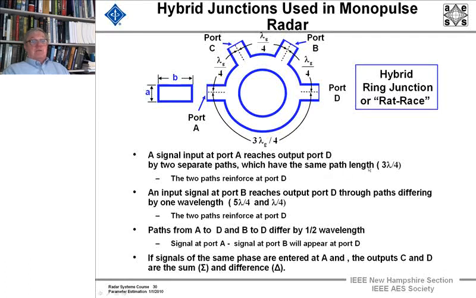The two paths have the same path length, 3/4 of a wavelength, so they reinforce at port D. At input port B, it reaches port D through paths differing by a wavelength.